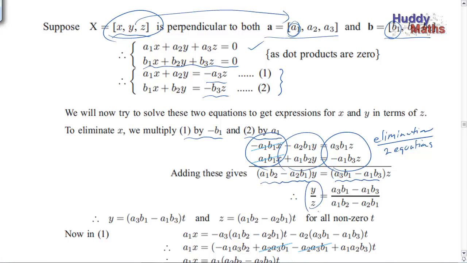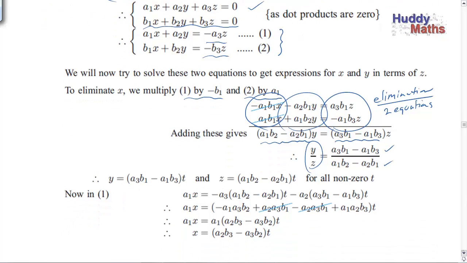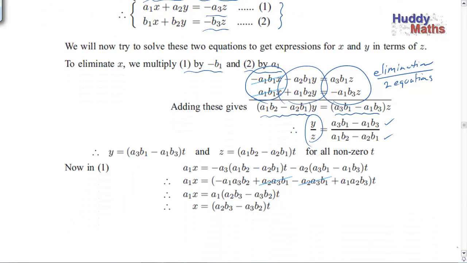So y to z, that ratio, is the ratio of those components. A bit messy. I'm going to show you an easy way of doing it in a minute. So it's a ratio, so as in the last presentation, we really should say this is something by t, and if it is, then this is in that ratio that many lots of t for all non-zero t. Okay, so that's the idea of having a ratio arrangement or relationship between two variables.